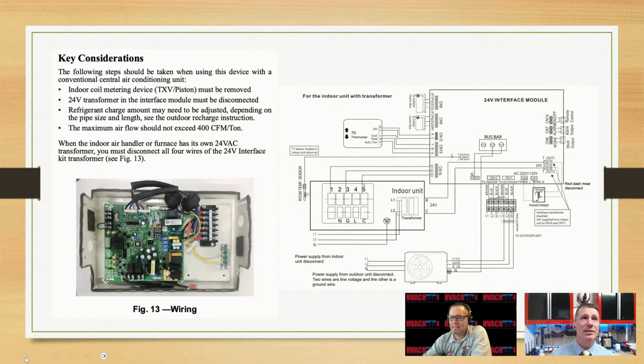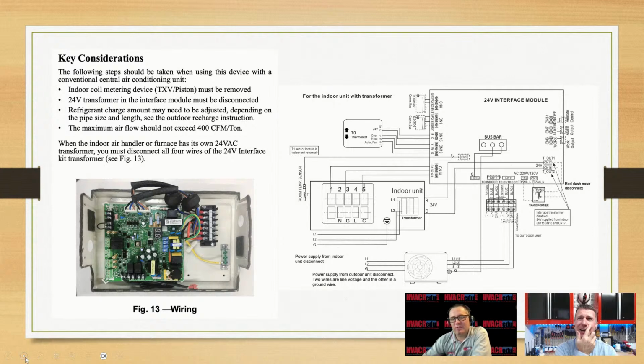This particular one is just called an interface. This particular interface is very interesting because this is a segue, Todd, into our next communicating conversation. Ductless. This actually allows your indoor unitary unit to communicate with a ductless outdoor unit.